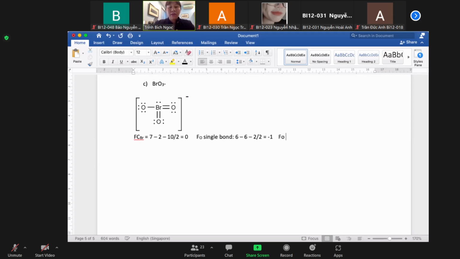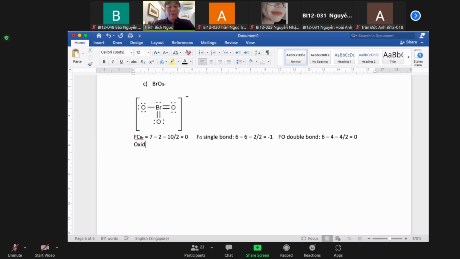And the oxygen in the double bond is 6 minus 4 minus 2, which is 0.